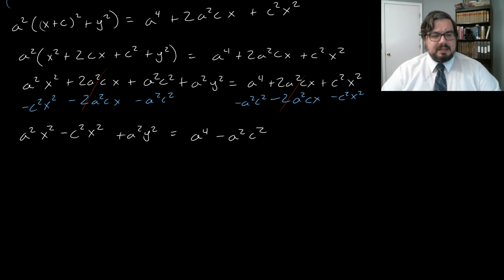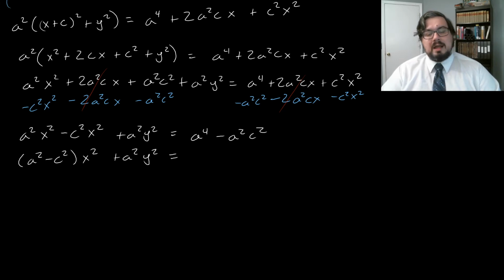Now, from here, we can notice that on both the left and the right, we can do some factoring of common factors. The first two terms on the left involve an x squared, so we can write this as a squared minus c squared times x squared. On the right, two of the terms involve an a squared, so we can factor that out and get, again, a squared minus c squared.